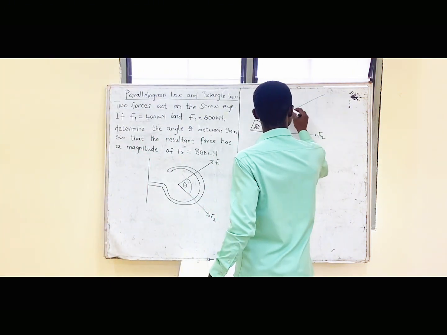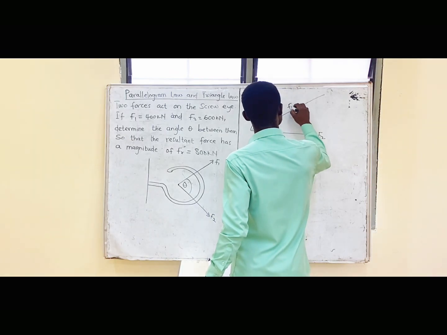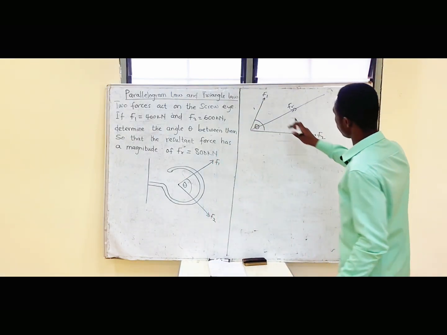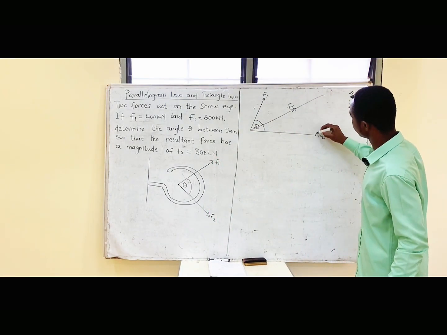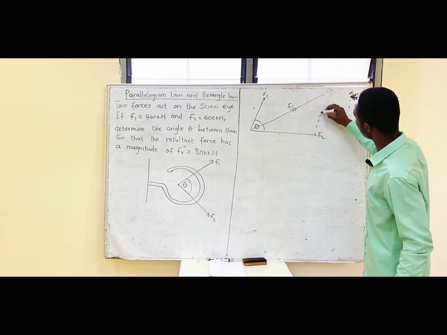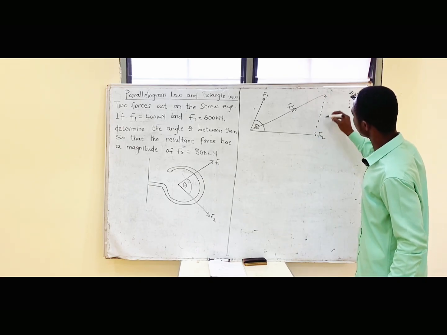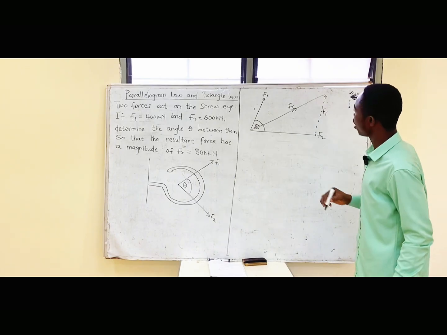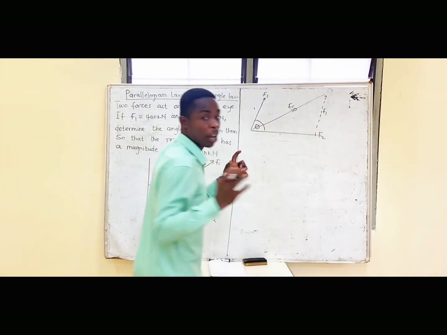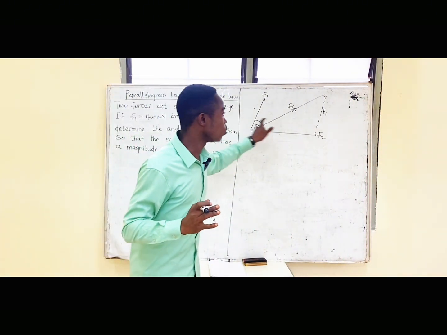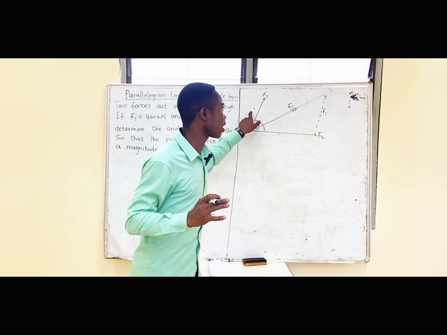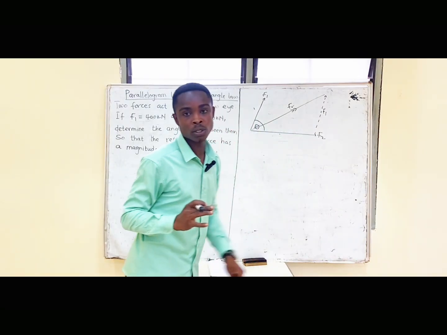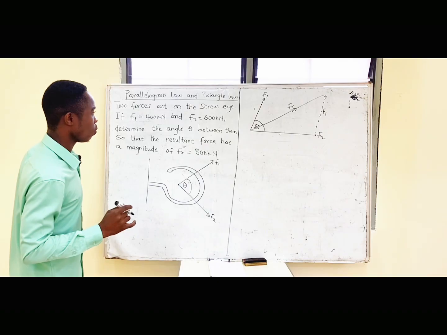So this is the diagonal, that's our FR. So over here we have our F1 here. To form the parallelogram, we can trace out this part to form our F1 here as well, because we know that a parallelogram has two equal sides. So if this one is F1, this side too can also be F1.